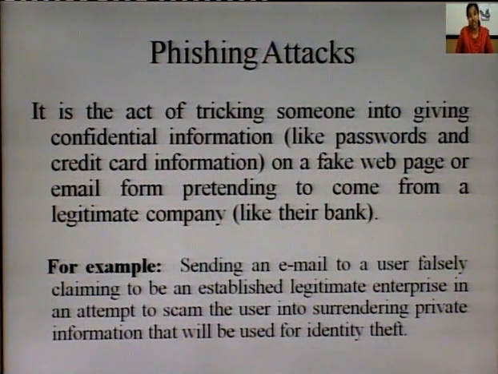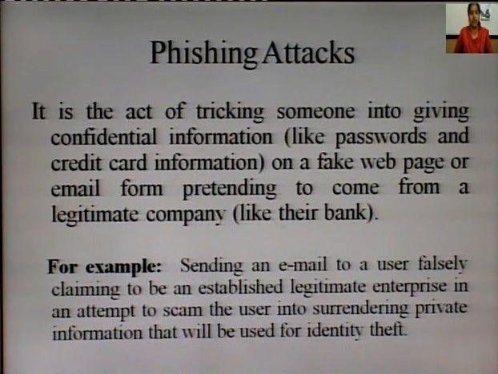We should be very aware that if some mail comes to you saying we are from HDFC, we are from OBC, etc., you should make sure that the email ID or the URL is valid. You have to check that before opening the mail or the attachment.